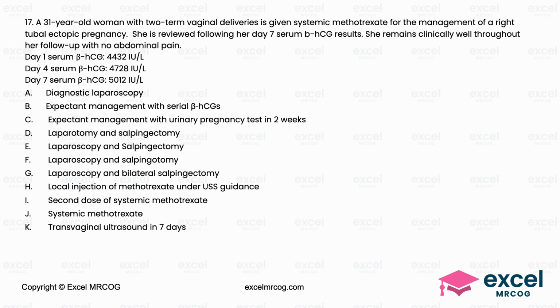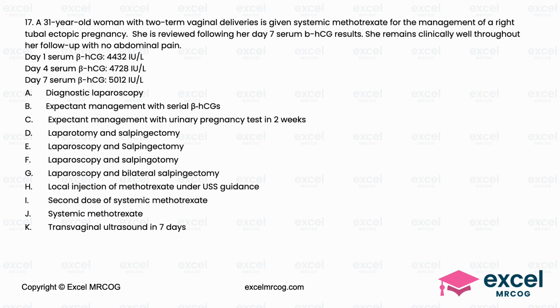Let's look at certain EMQs now. A 31-year-old woman with two term vaginal deliveries is given systemic methotrexate for the management of a right tubal ectopic pregnancy. She is reviewed following her day 7 serum beta-HCG results. She remains clinically well throughout her follow-up with no abdominal pain.